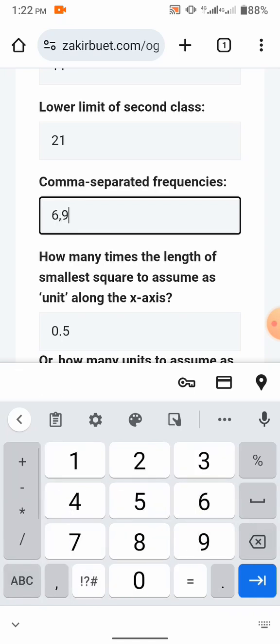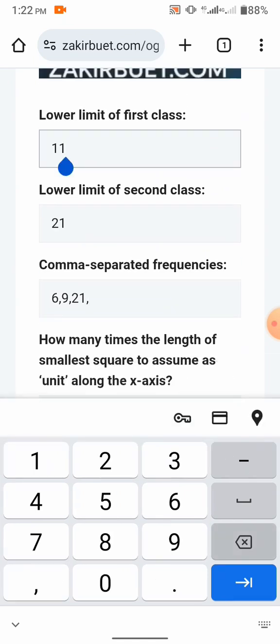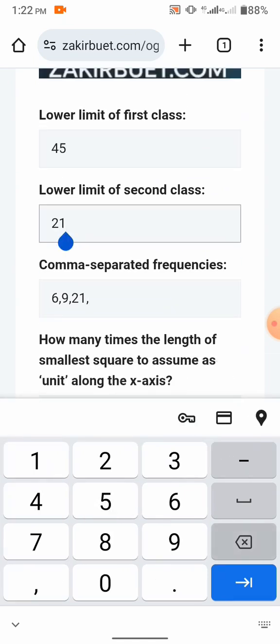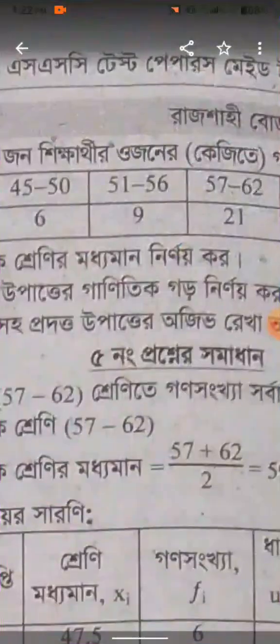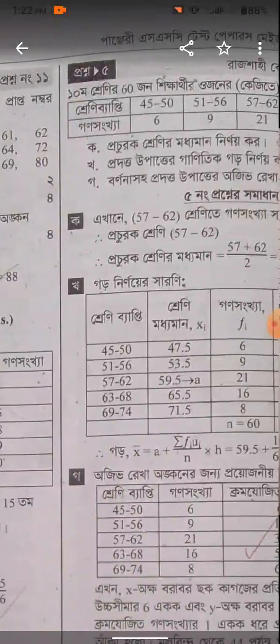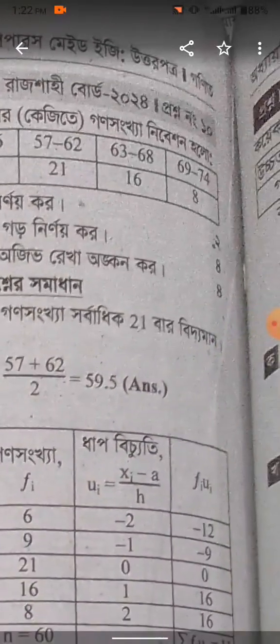This is probably 45 and this one is 51. Okay, rest of the frequencies are 16 and 8.